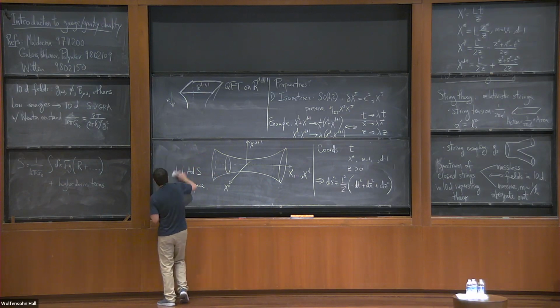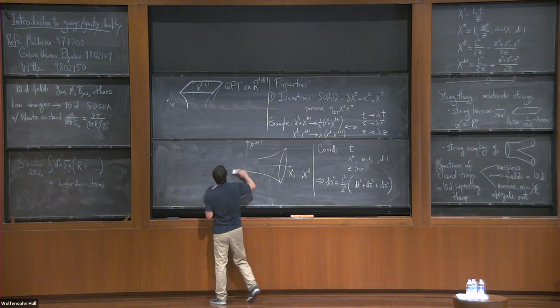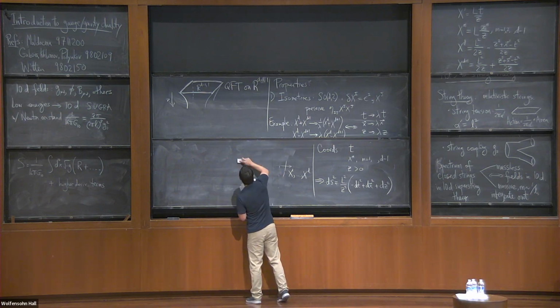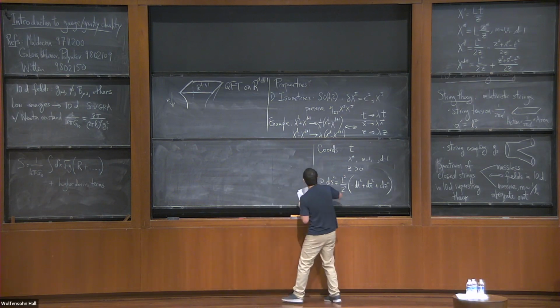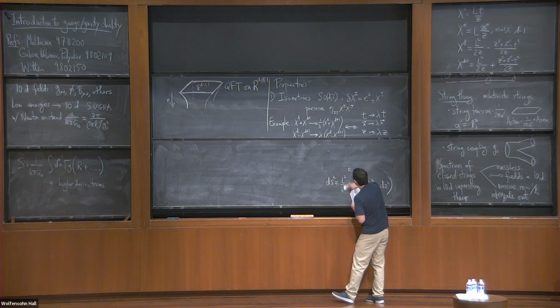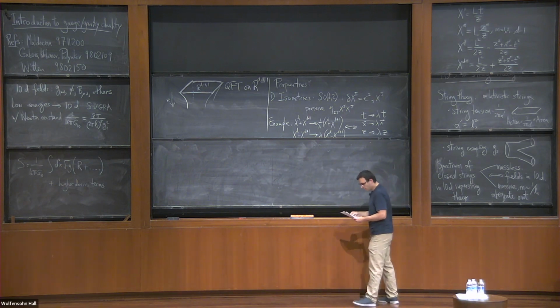So this ADS5, I'll just focus on the example that I said was understood the best, worked on the most, which is this duality between ADS5 times S5 and N=4 super Yang-Mills.